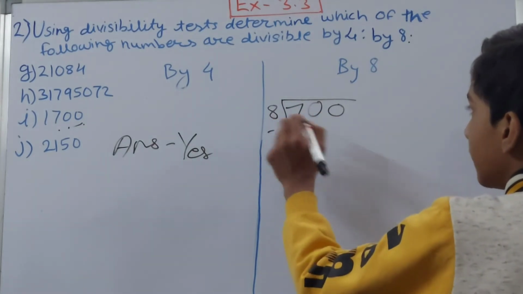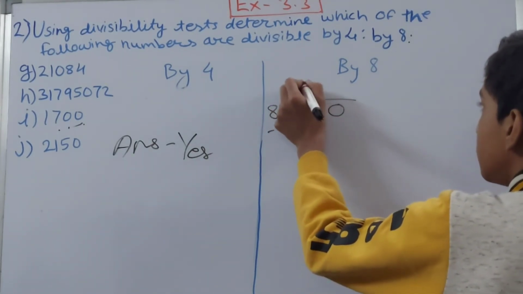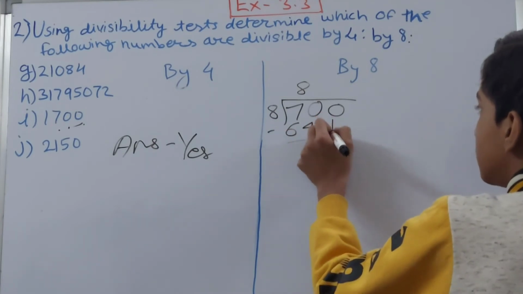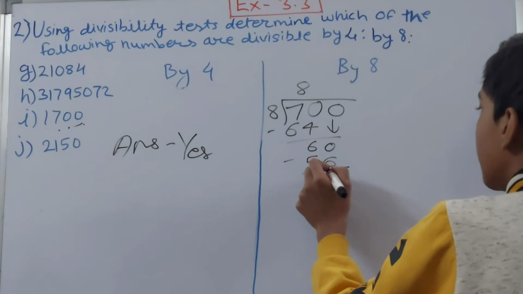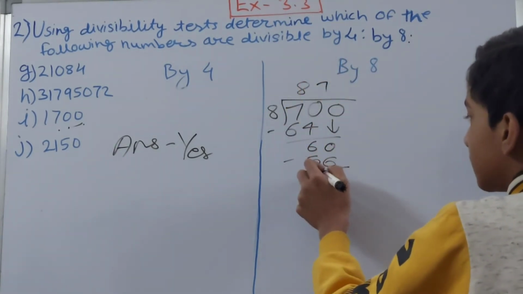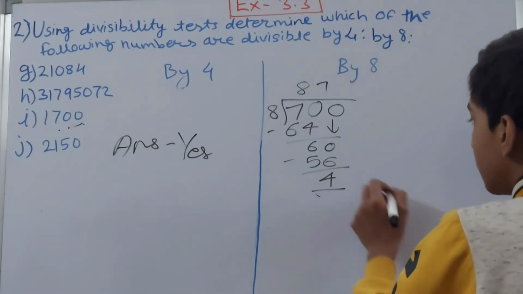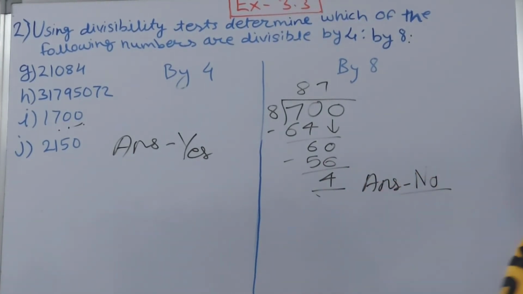Okay, so minus we will take here 64, 8 times 8, and then this 0 will come down, minus 56, and we will be left with 4. 7 times 8 goes 56. Again we have something in the remainder, so that means this number is not divisible, so you will put a no.